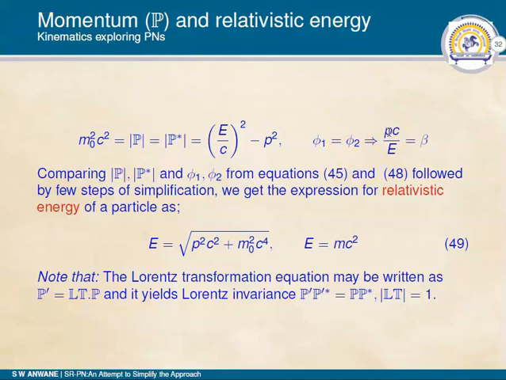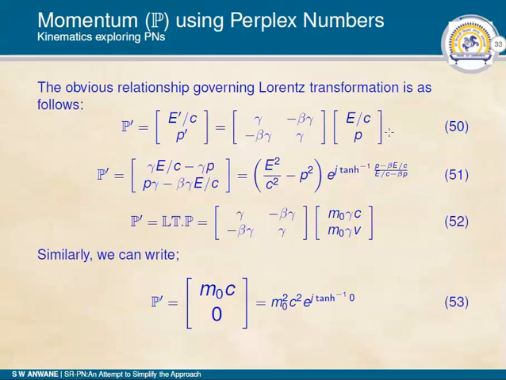So we have derived both the equations representing energy, as appearing in equation number 49, from the definition of perplex momentum. Now the relationship for the observer in frame S dash can be obtained using Lorentz transformations.